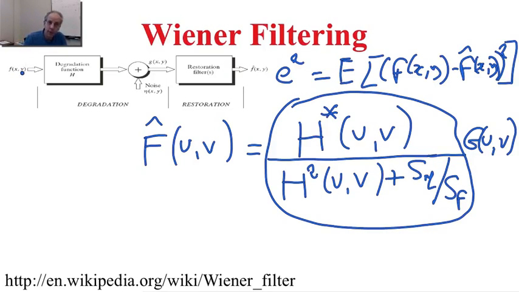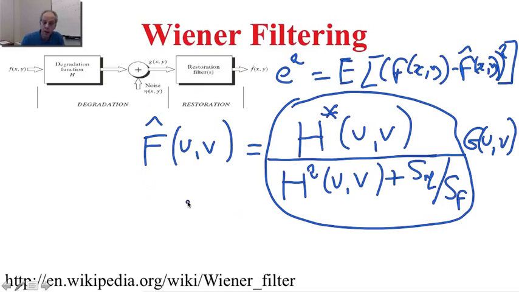So f has a correlation function. You take the Fourier transform of that and you compute the magnitude, and that's the power spectrum of the signal. And the same for the noise. You take the noise, you compute the correlation of the noise, you take the Fourier transform, you compute the magnitude, that's the power spectrum. So you don't need to know the exact function or the exact noise. You need to know some statistical characterization of that.